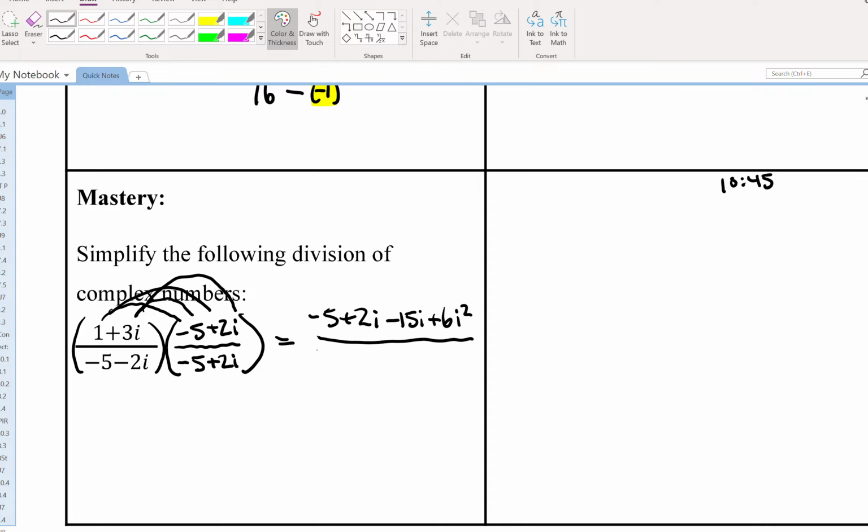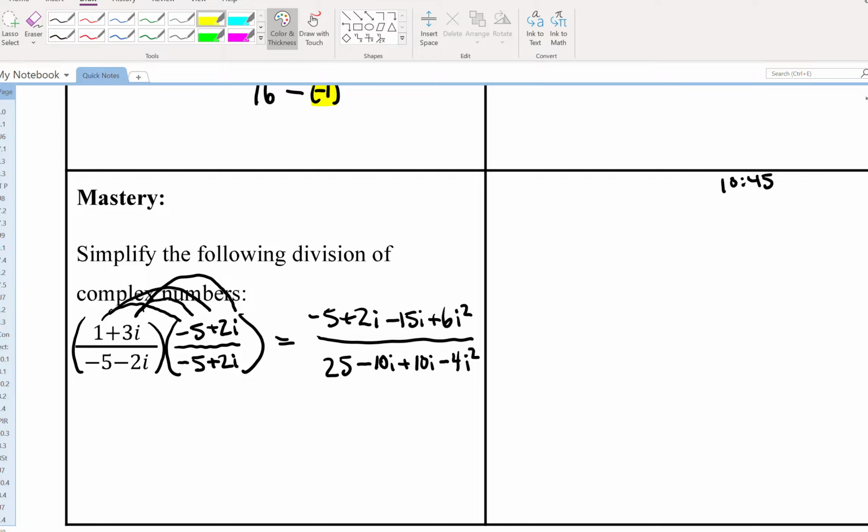All of this is over negative 5 times negative 5, positive 25. Negative 5 times plus 2i would be negative 10i. A negative 2i times a negative 5 would be plus 10i. And then a negative 2i times a positive 2i is negative 4i squared.